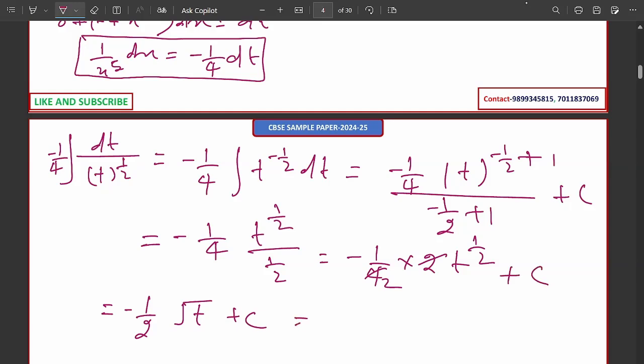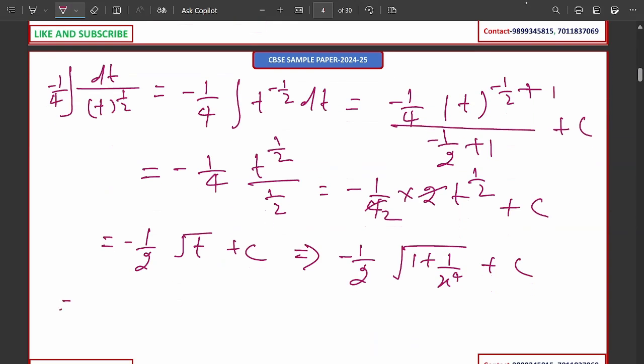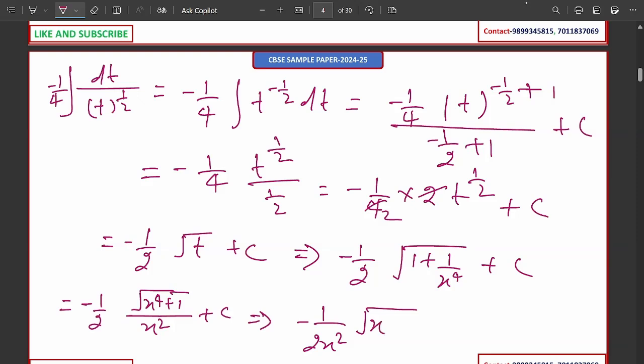When we substitute the value of t, the value of t is 1 plus 1 by x raised to the power 4. If we solve this, we get minus 1 by 2x squared times square root of x raised to the power 4 plus 1, plus c.